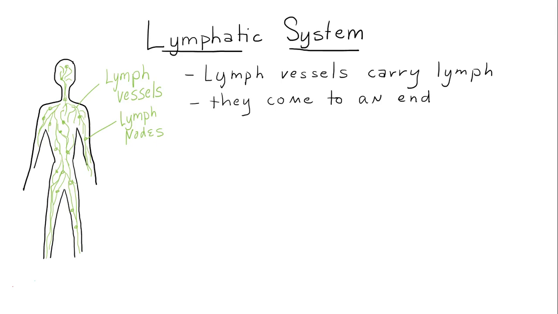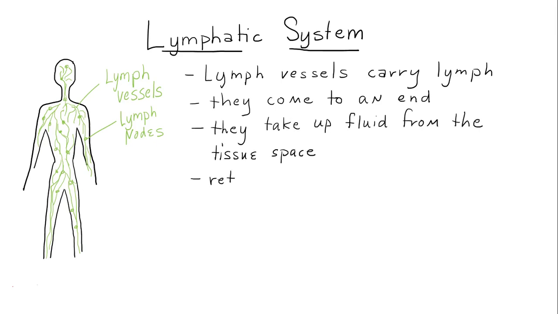The lymphatic vessels take up fluid from the tissue space, and then they return the fluid to the blood vessels. Sometimes you see people that have very big, swollen ankles, because their lymphatic system is not functioning to bring the fluid back into the cardiovascular system, into the blood vessels.